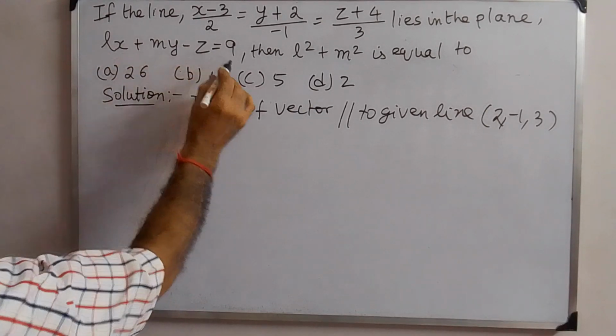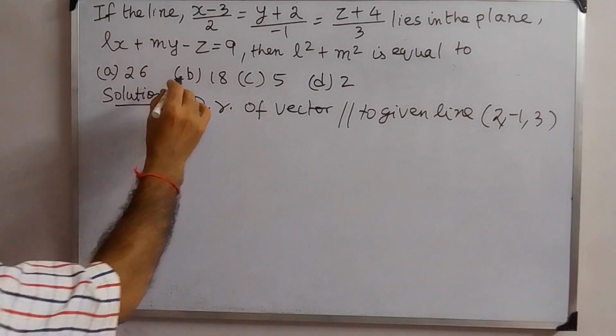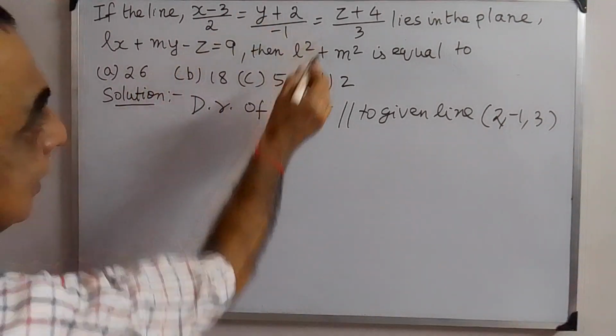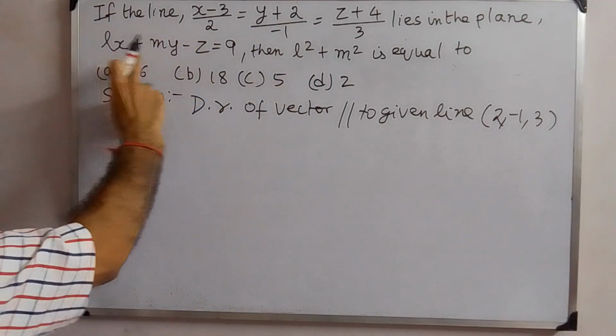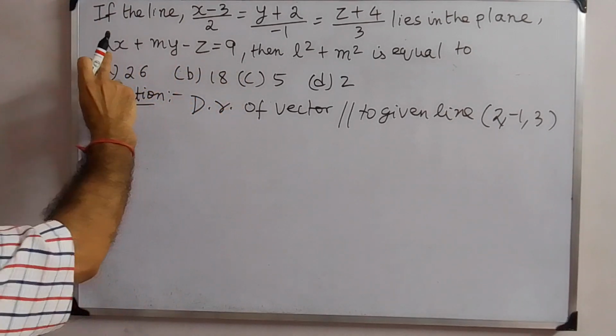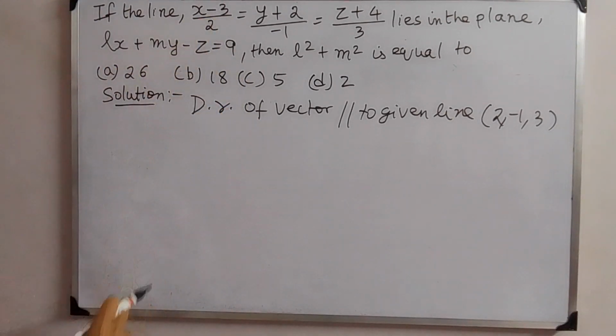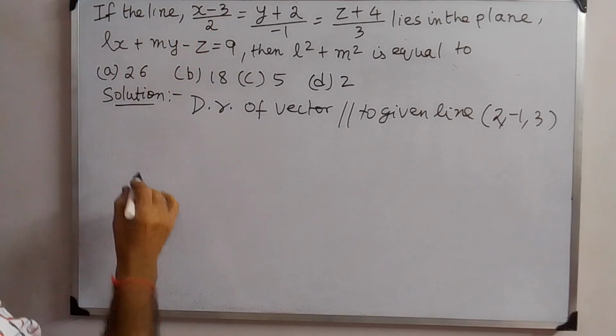Now see, perpendicular to the plane means it will be perpendicular to the line as well, because the line is lying on the plane. So the vector which is perpendicular to the plane will be perpendicular to the given line.